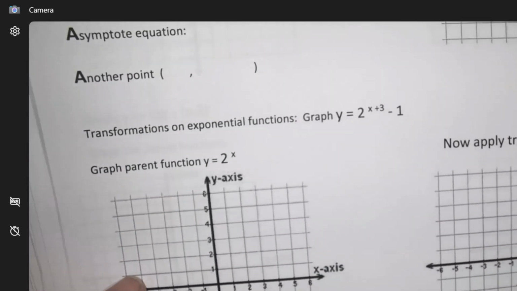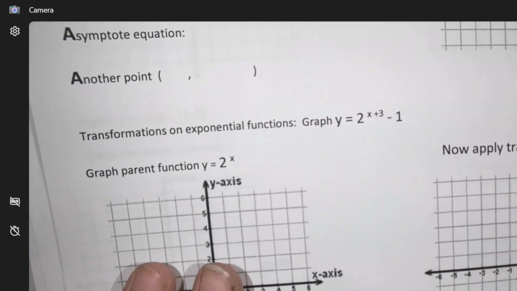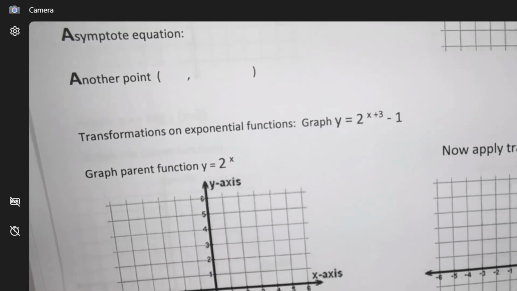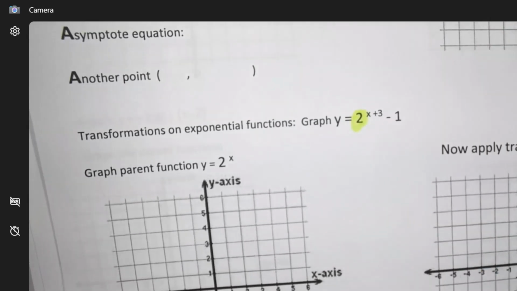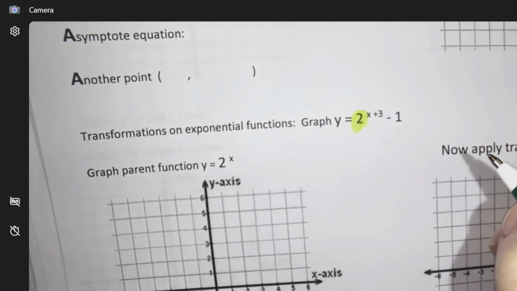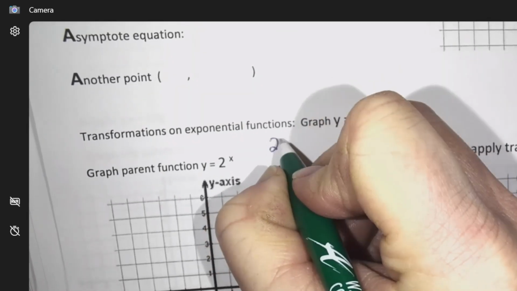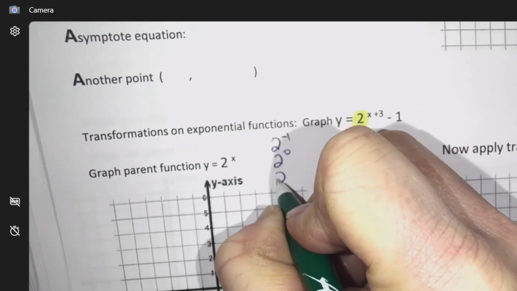Okay, looking at the next one. Can you identify the base? So this is an exponential. Can you identify what the base is? 2. So can you go 2 to the negative 1, 2 to the 0, 2 to the 1?